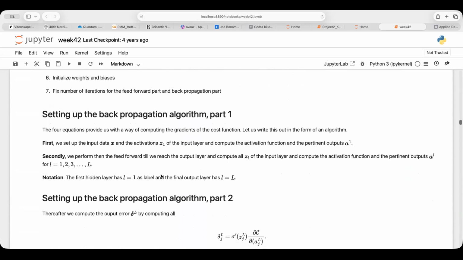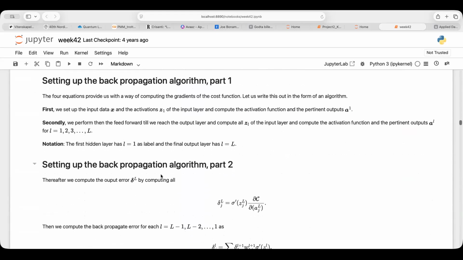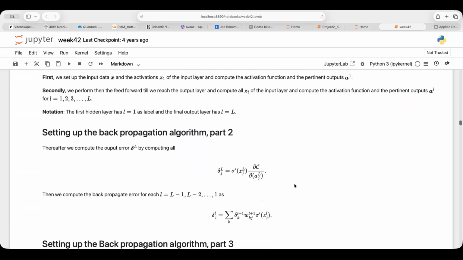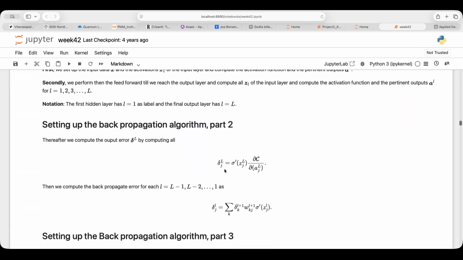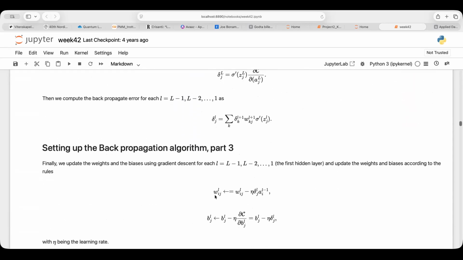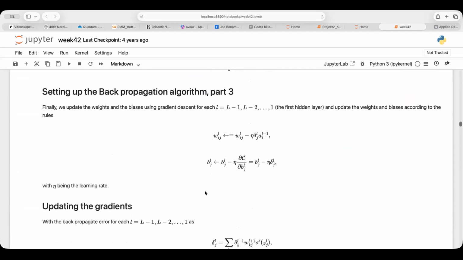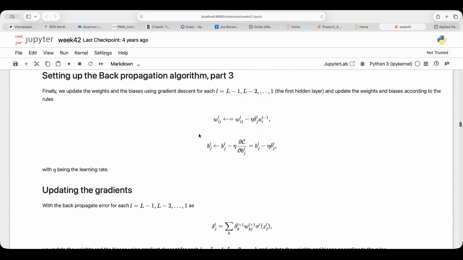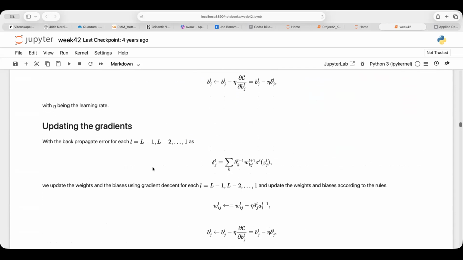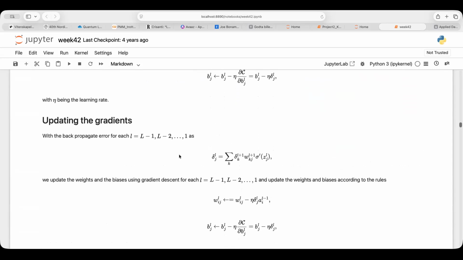So the equations which you saw before the break are summarized here. I'm not going to repeat them, but essentially you have the equations here, which we derived before the break. So we need to set up for the output layer. For any hidden layer, we have a layer L here. Then when we set up the algorithm for the derivatives, we have the gradients. And then we can update the parameters as we discussed, and we keep updating the gradients.